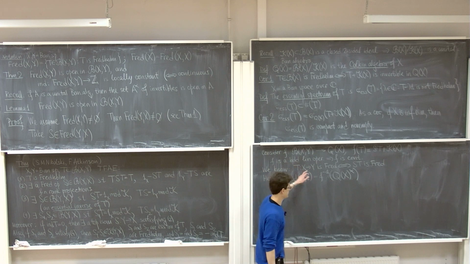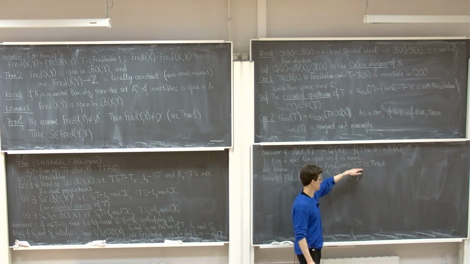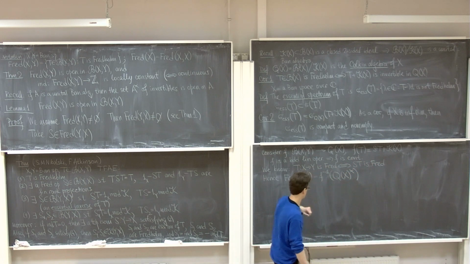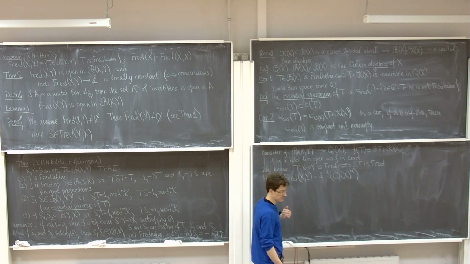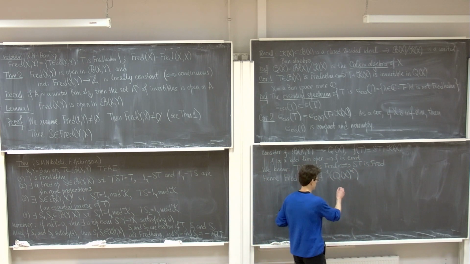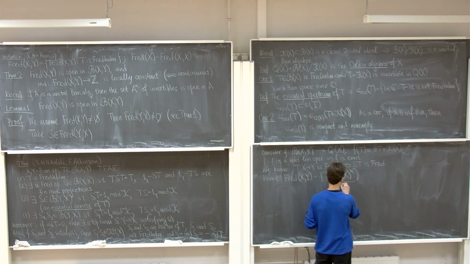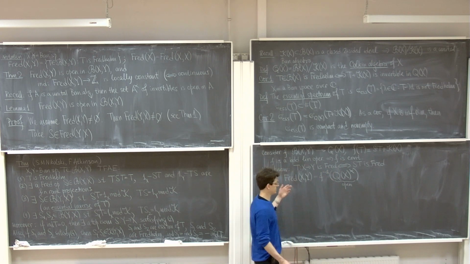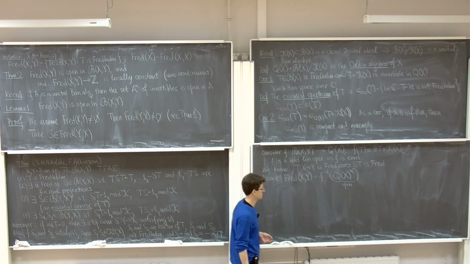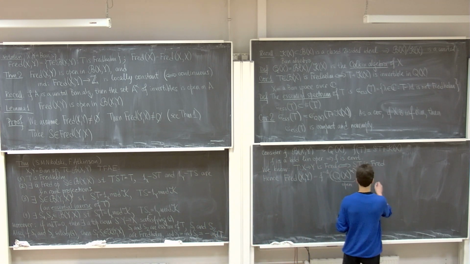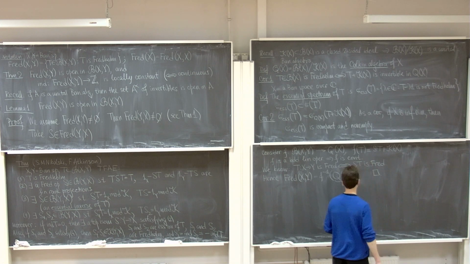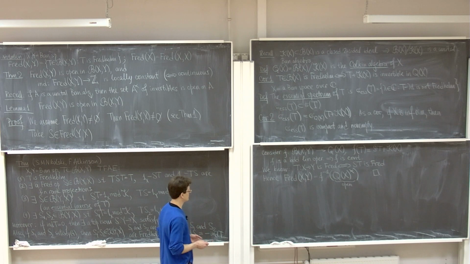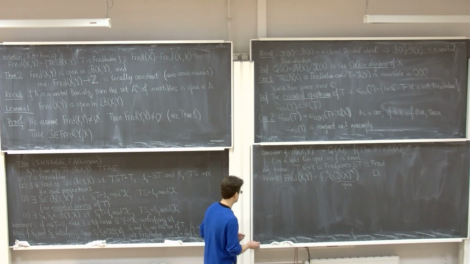T is Fredholm if and only if this operator is Fredholm, but this operator is Fredholm if and only if this element is invertible in the Calkin algebra. So this completes the proof of lemma 1, because this set is open in the Calkin algebra, and the preimage of an open set under a continuous map is open. Okay. Lemma 2.